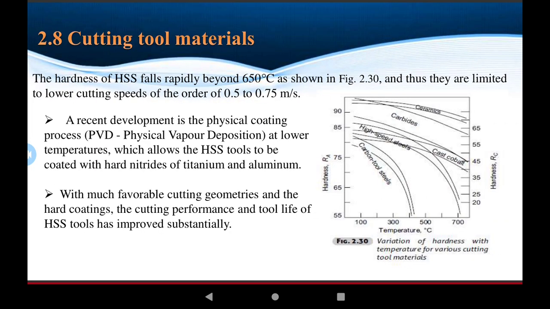The hardness of HSS falls rapidly above 650 degrees Celsius, as shown in the figure, which limits it to lower cutting speeds of 0.5 to 0.75 meter per second.